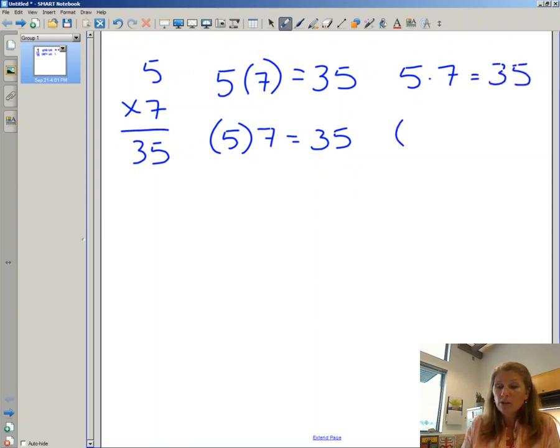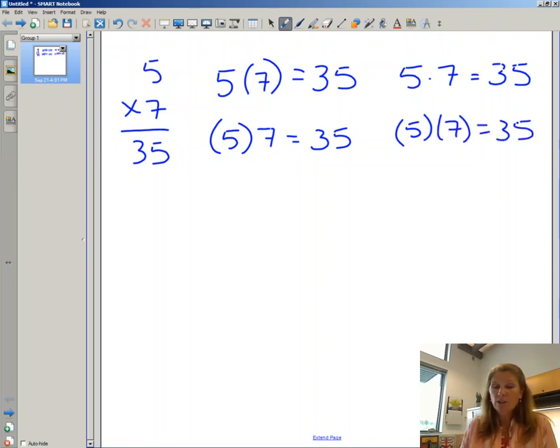I could also do 5 times 7 like that. That's another way to write multiplication. So we can use the dot, we can use parentheses in a number of different ways, or we could write it with the old X. As you go further and further into math, you will use the X less and less. People don't like that because we start to look at that as the letter x and use it as what we call a variable later. So you'll start to see less of that, but you'll still see it in this class.